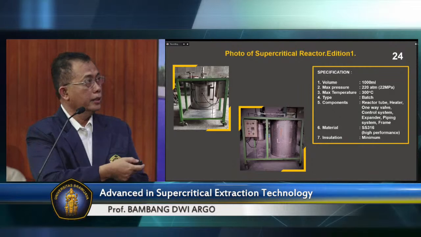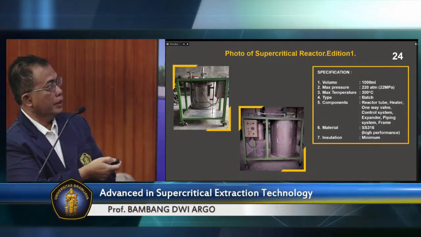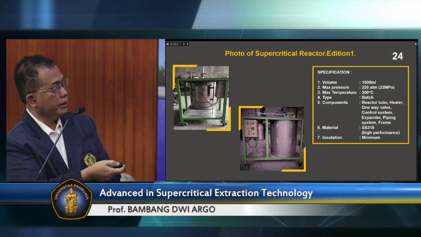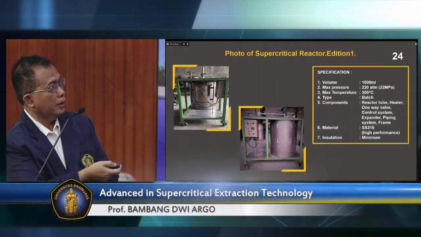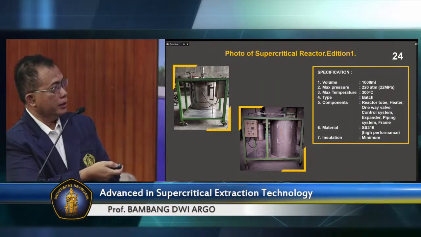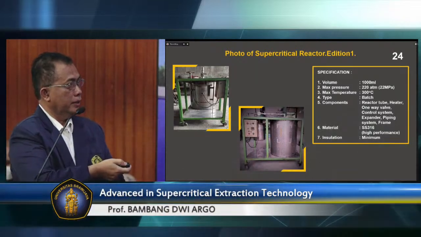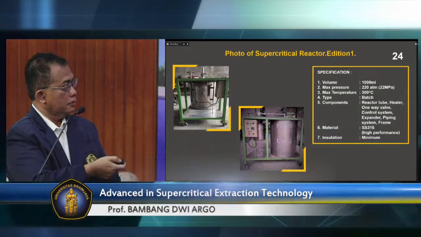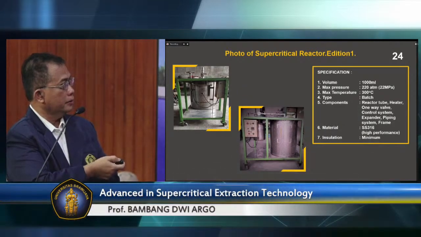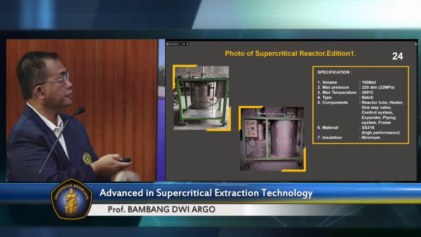We design in batch type, and then the components are the reactor tube, heater, one-way valve, control system, expander, piping system, frame, etc. We use material SS 316, and we also control the system automatically for temperature and pressure.